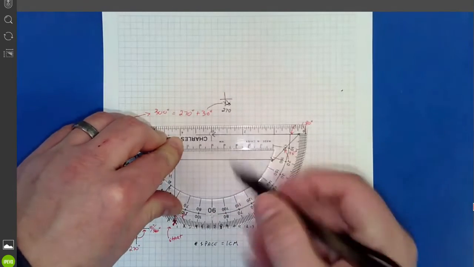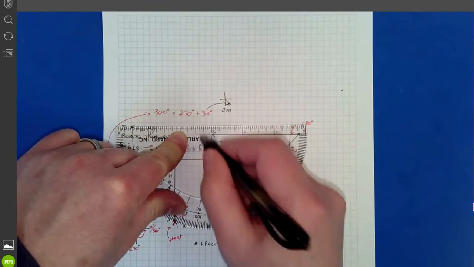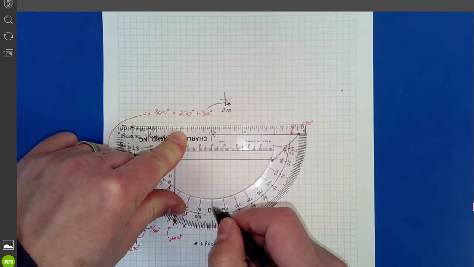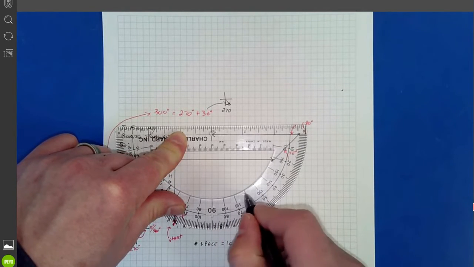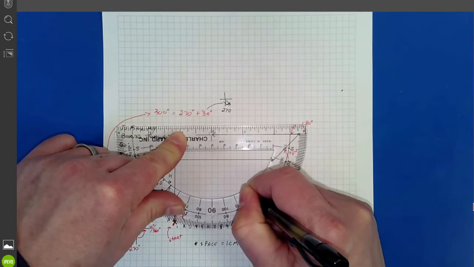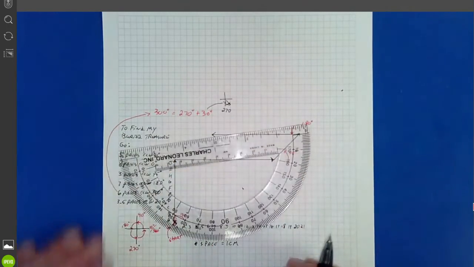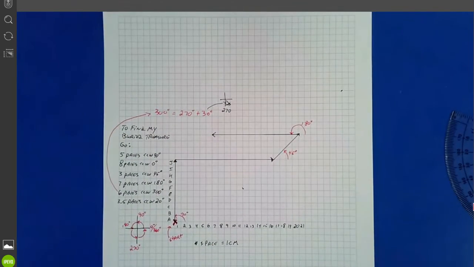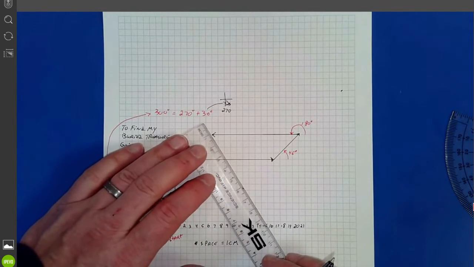For 300 degrees, I need to rotate 270 plus 30: here's 270, plus 10, 20, 30. So that would be 300 degrees. This needs to be 6, so let's line this up.